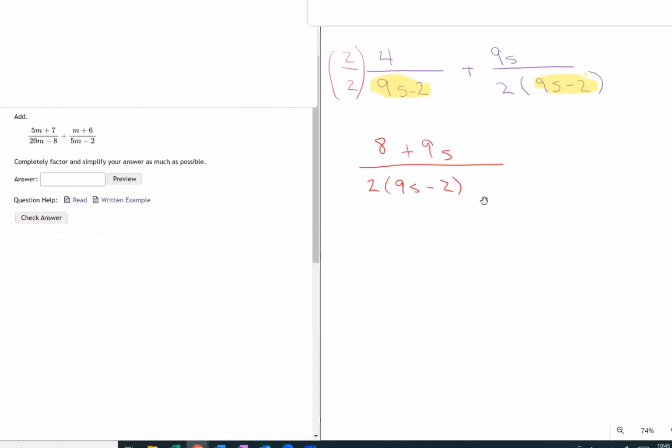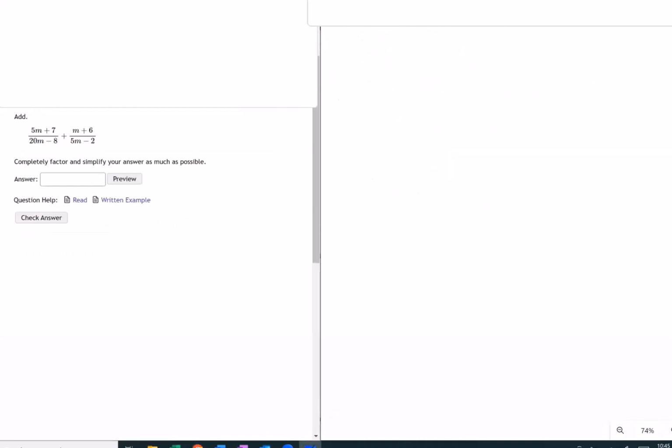Number 22. Again, I look here. If I factor 20m minus 8 and 5m minus 2, the only thing over here that factors is I can take a 4 out of both terms, which gives me 5m minus 2.